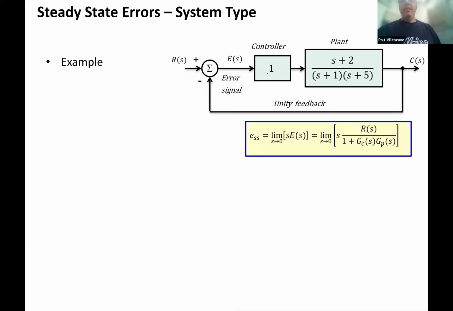We have a plant, and we really didn't add a controller into it, right? I mean, we did, but we really didn't because it just multiplies by 1, so it's not really doing anything. So we added a controller in here to see if we can take our error away. Now, with this type of system, what type of system is this? There are 3 types that we've studied.